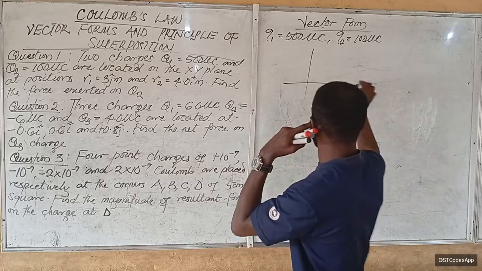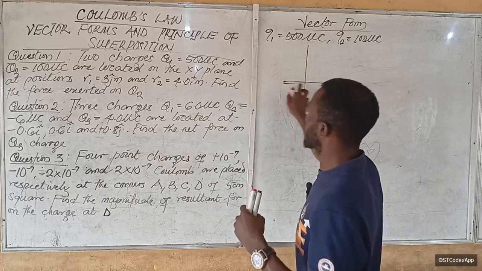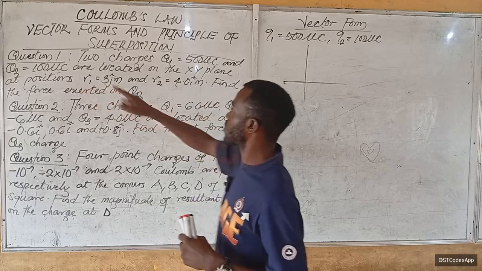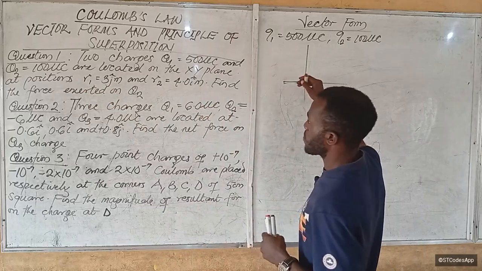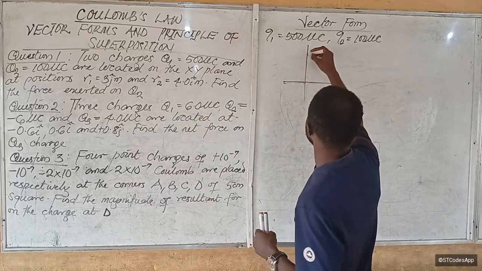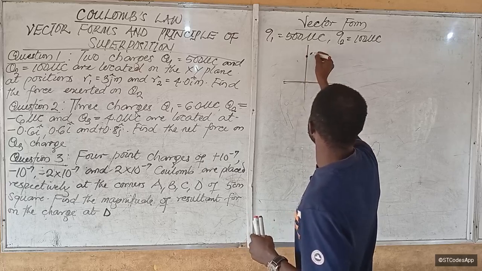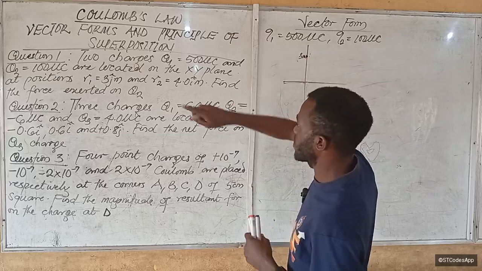So let's draw our XY plane. At position R1 equals 3j meters. So it means that our first charge, Q1, is at 3j here, 3 meters. Does that make sense?